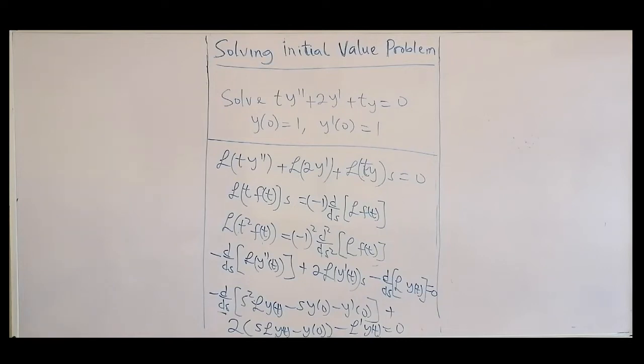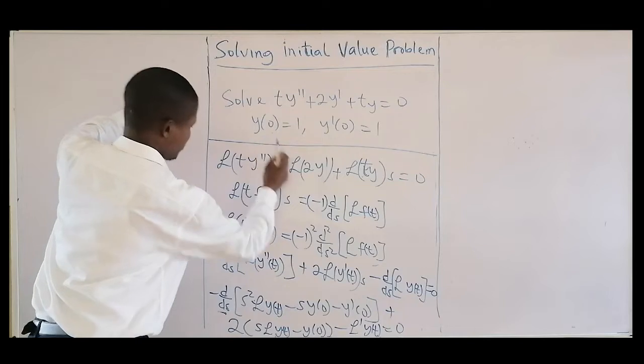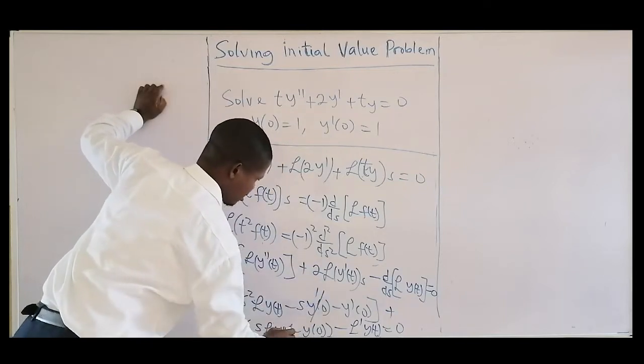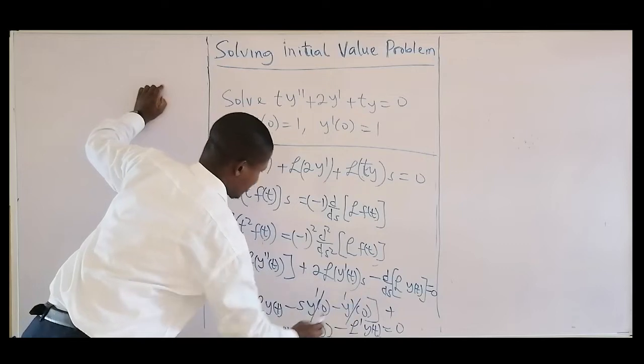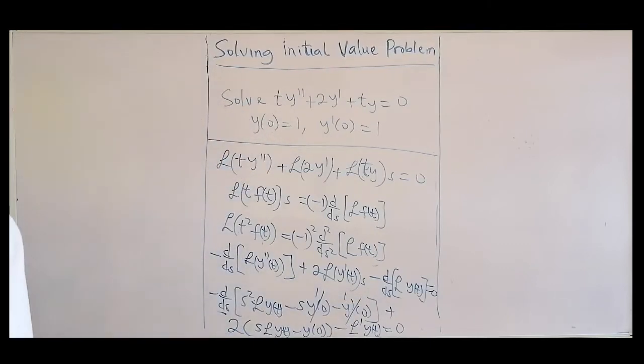Then let's look at the initial value conditions we have. y of 0 is 1, and y prime of 0 is also 1. Let's put 1 in there.